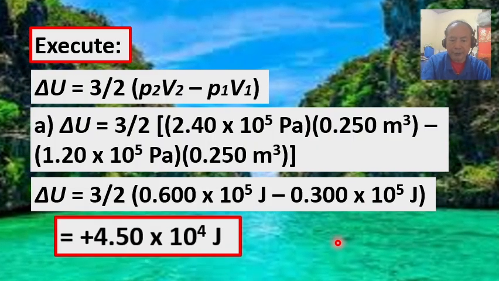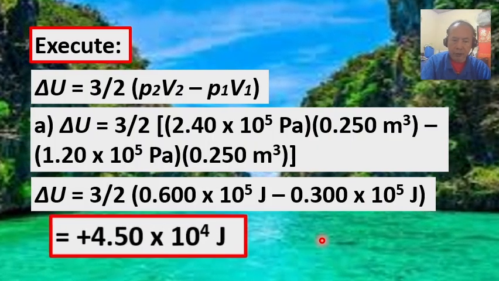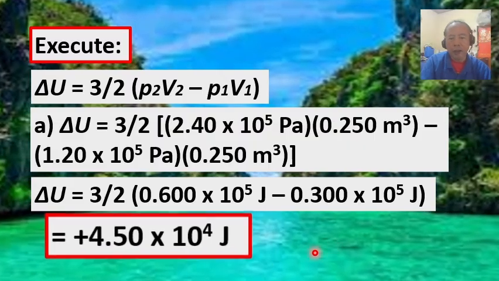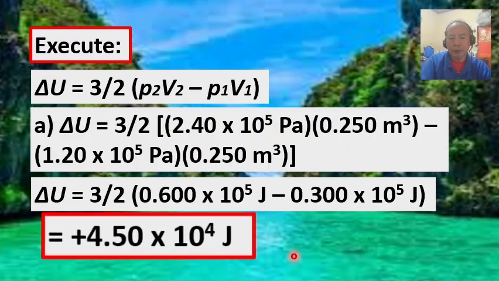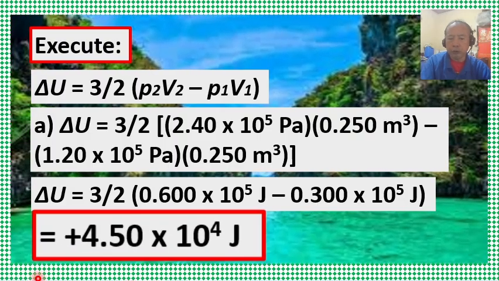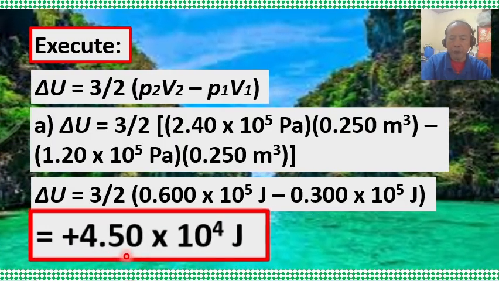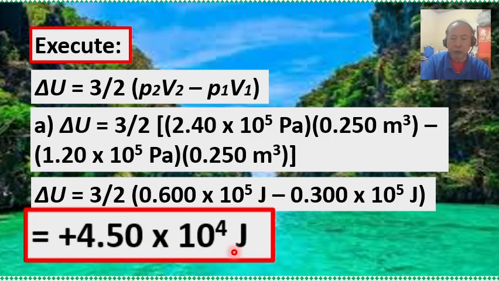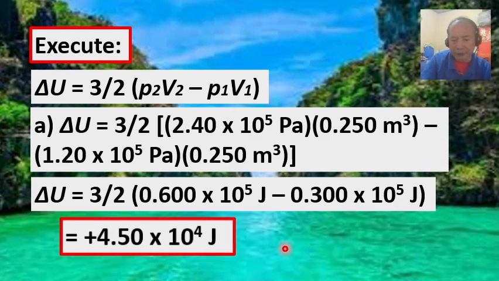And finally, we get the amount of the change in the internal energy delta U equal to positive 4.50 times 10 to the fourth power joules in 3 significant figures.